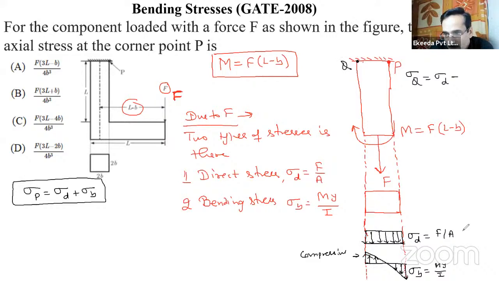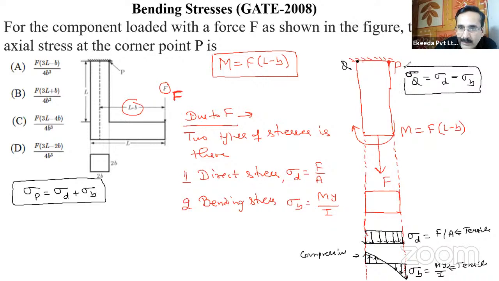Direct stresses are tensile, so at Q point, the stress would have been sigma D minus sigma B. Direct stress minus bending stress, right?